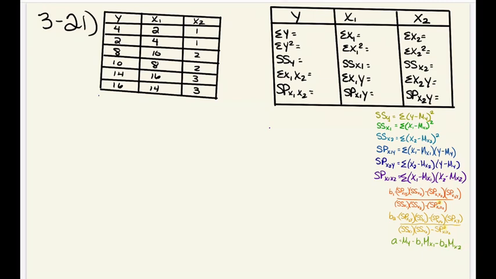We'll start by finding the sum of the y values, and then the sum of the x1 values, and the sum of the x2 values, where the number of crimes is represented by the y column, the number of churches is the x1 column, and the population is x2.